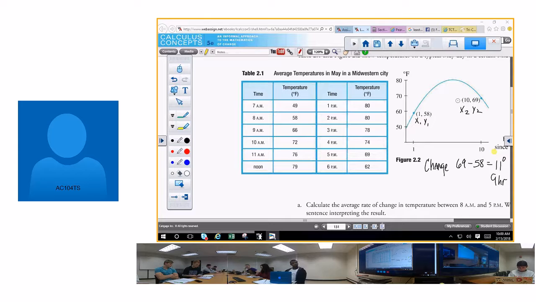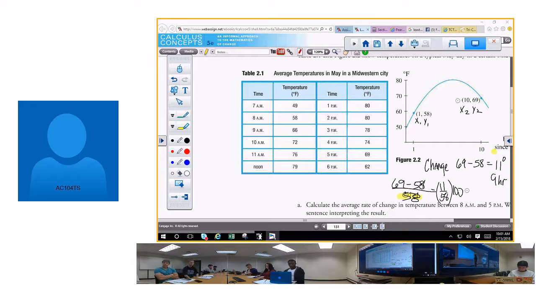And then you got your percentage change. If they ask you for it, and it would be temperature, that would be new minus old over old. I'm sorry, new minus old over 58. That'd be 11 over 58. Somebody give me that times 100.